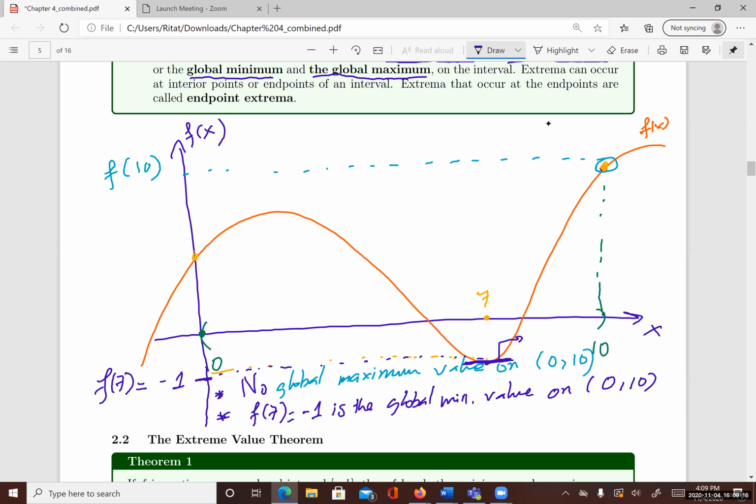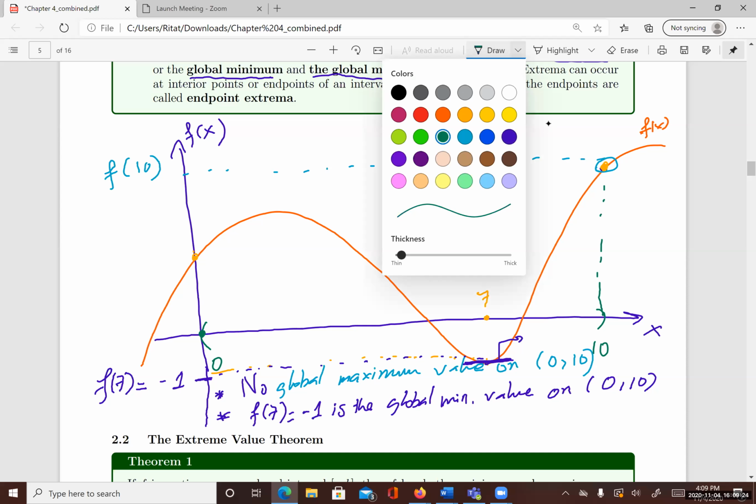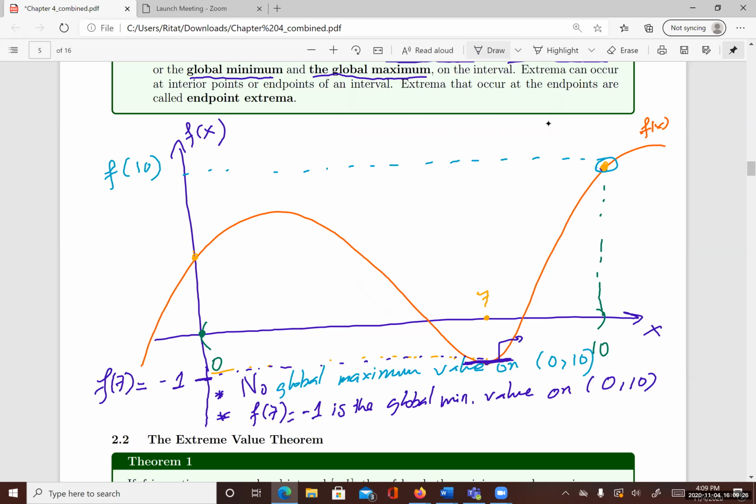Because it's the horizontal line. That means if you find the derivative of the function f and plug the value 7 into the derivative, you will get 0 as the result.